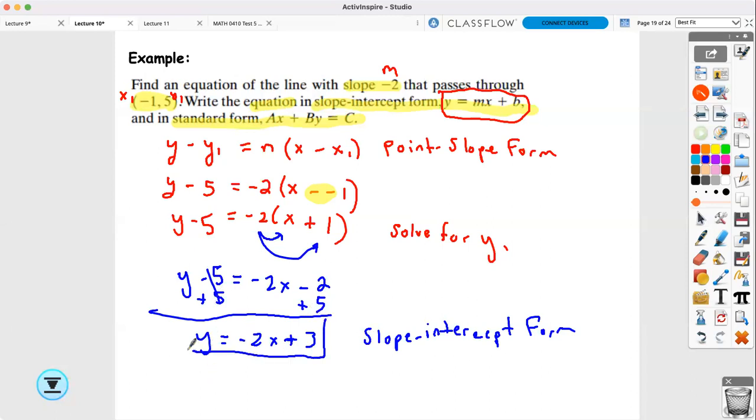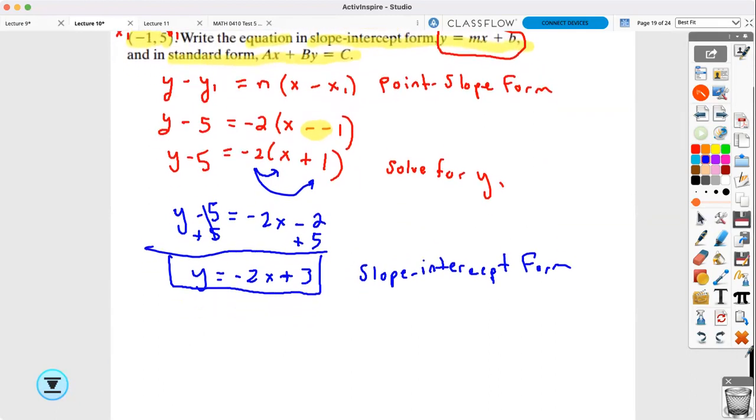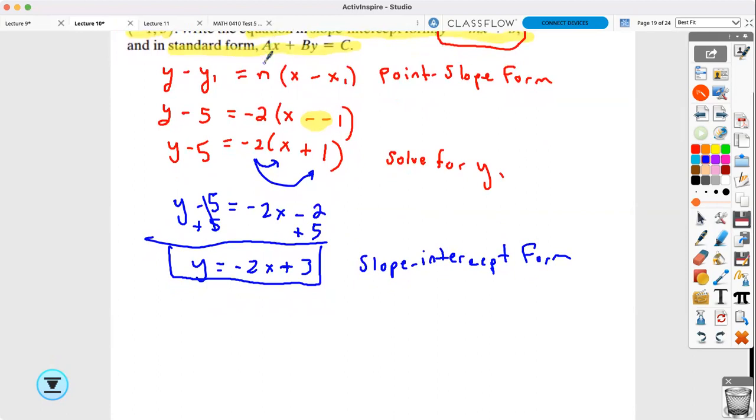Someone box it. Now, the next one they want us to find, guys, if you look closely, is standard form, which is ax plus by equals c. If you notice for that one, x and y are on the same side, on the left side. So we have y equals -2x plus 3.